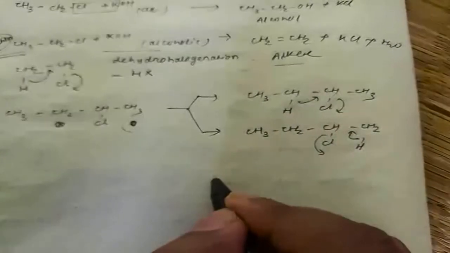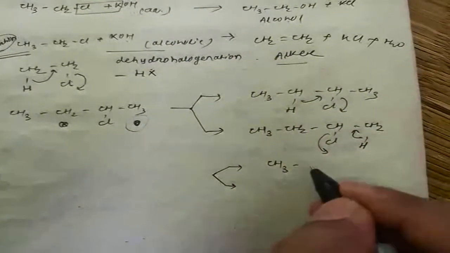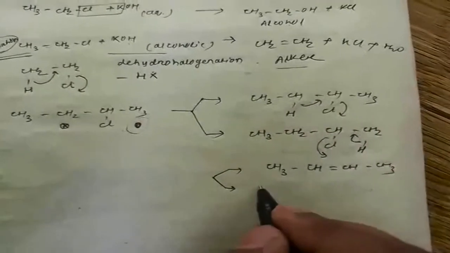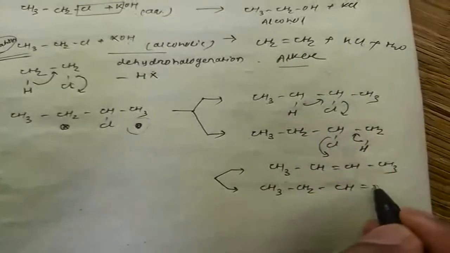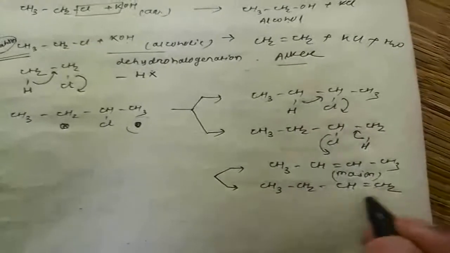So the first product is CH3CH=CHCH3, and the second one is CH3CH2CH=CH2. The first is the major product and the second is the minor product.